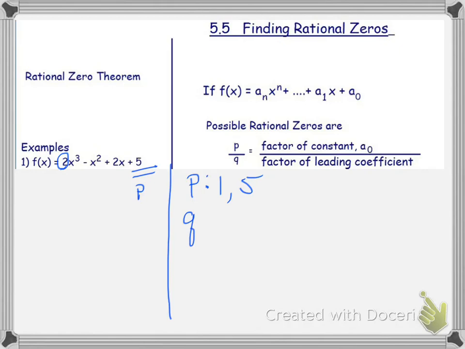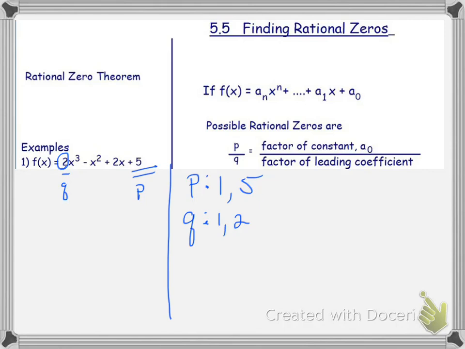Well, here my leading coefficient, it is in standard form. My leading coefficient is 2. So my factors of 2 are 1 and 2. Try to keep these in order as you go along, meaning from least to greatest, and it will help organize it a little bit better.